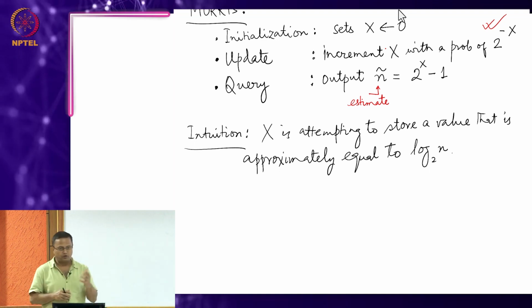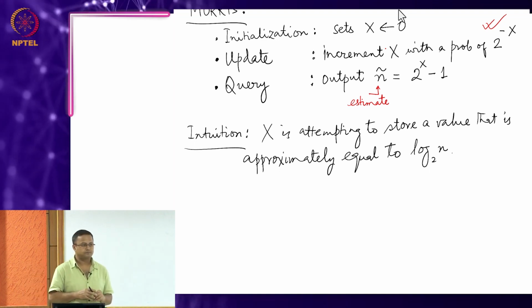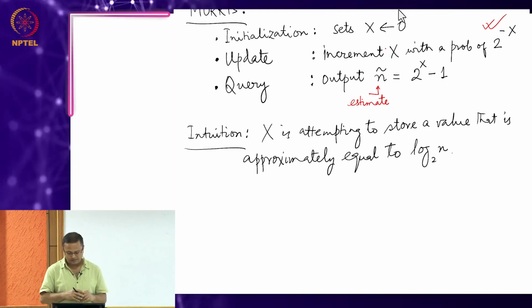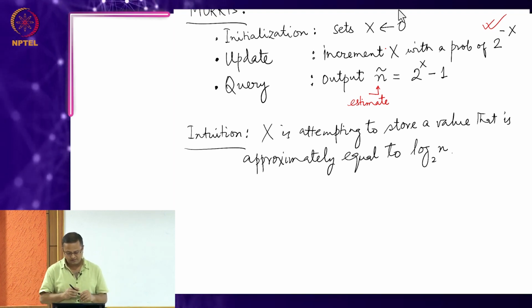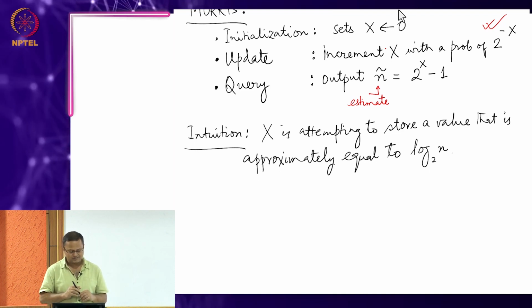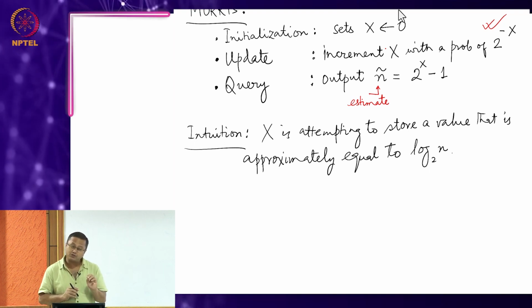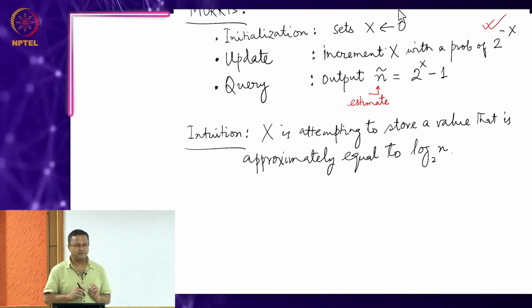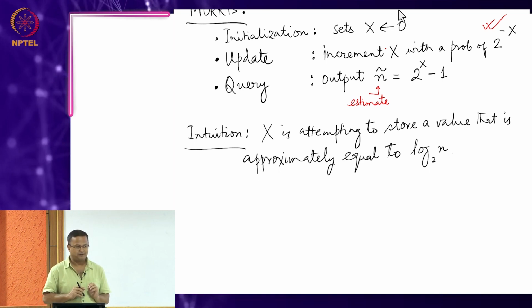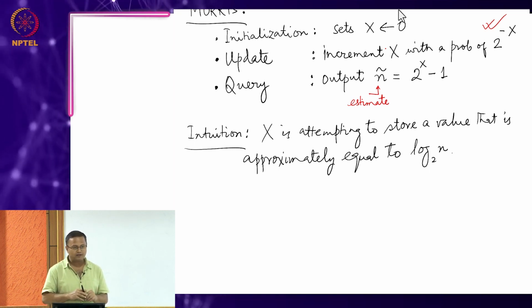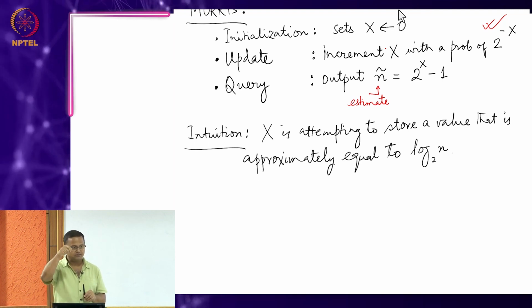So, for that you need log n space. Just a small caveat, the space is also now a random variable, because you have to store what? The value of x, right.